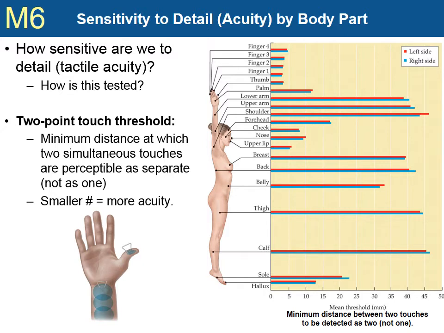The calf, shoulder, back, and breast have the highest 2-point thresholds, meaning two simultaneous touches have to be farther apart, about 40 millimeters or 1.5 inches, to be detected as two touches and not one. The index finger, on the other hand, can detect 2 points as two when they are as close as 1/8 of an inch apart.